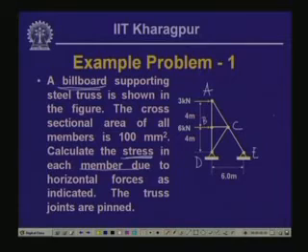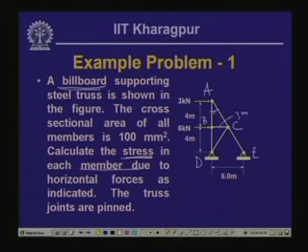Now from this triangular configuration, this distance is 6 meter, this is given as 4 meter, this is given as 4 meter. So distance BC is going to be equal to 4 divided by 8, which is half. So this is 3 meters.